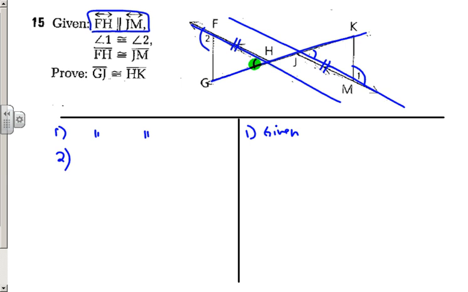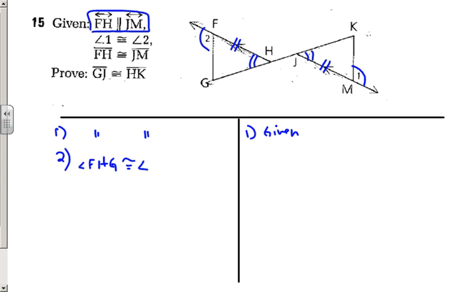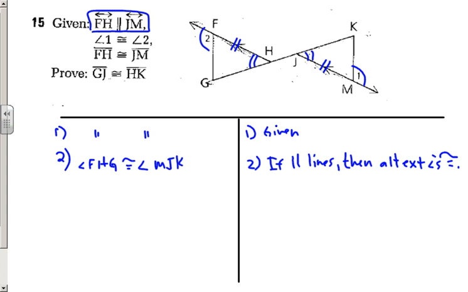So I'm going to say that in a sentence: angle FHG is congruent to angle MJK, because if lines are parallel, then alternate exterior angles are congruent. Okay, so that's step 2.